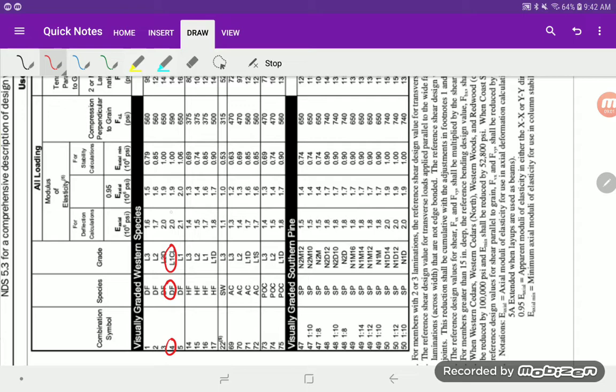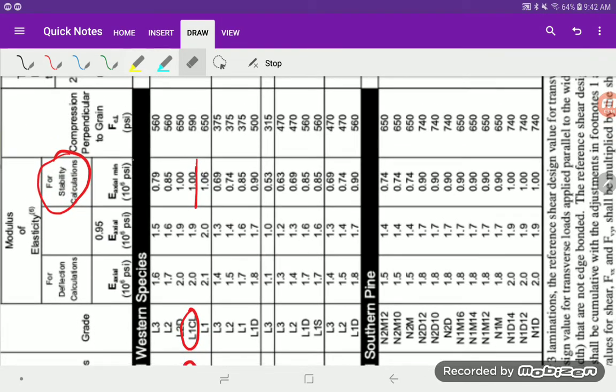But really what we're focusing on now is the axial load for stability calculations, the minimum number, and it's 1.0. If you zoom in, it's 1.0 times 10 to the 6.